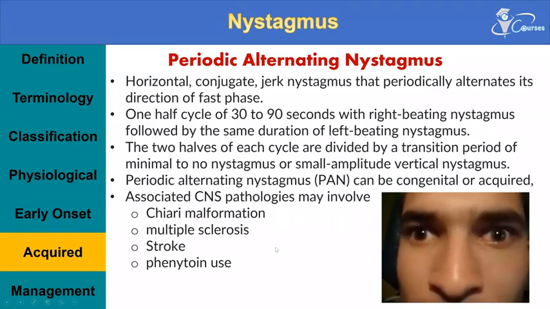Okay, so it is slowing, and now after 15 seconds, the nystagmus reverses direction. Now it is beating to the left. You see that it is beating to the left, the fast phase.